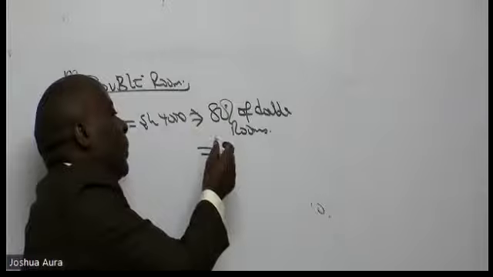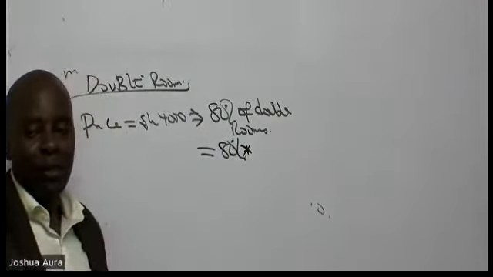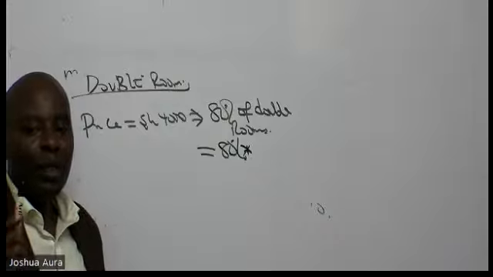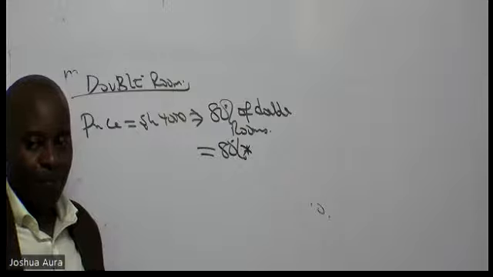So remember up there, you had given me the double rooms that are available. Is there somebody who is able to remind us of the number of double rooms that we have from the working we did up there? 1,800.